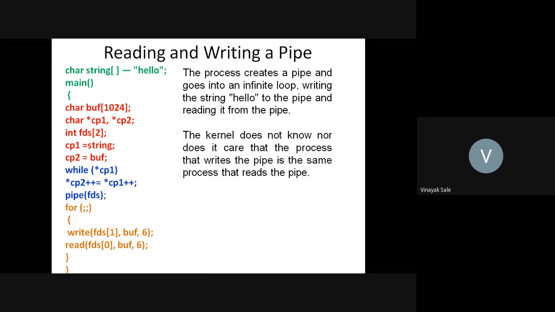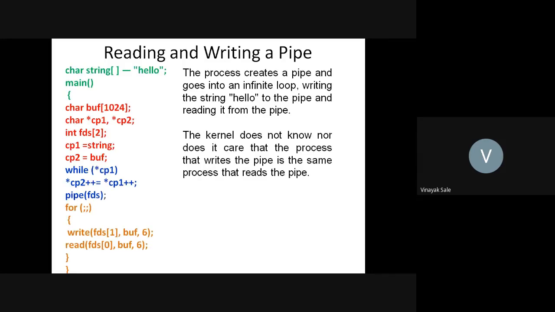while, then increment pointer 2, which is equal to increment pointer 1. Then pipe file descriptors, and this for loop executes infinitely.